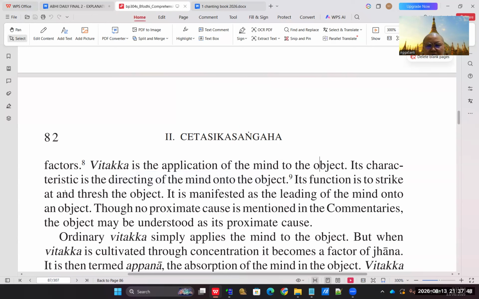The function is to strike at and thrash the object. Now how do you know you have Vitakka? It manifests as leading the mind to the object. No proximate cause is mentioned in the commentaries. The object may be answered as its proximate cause. This means that when the object arises, there is Vitakka.